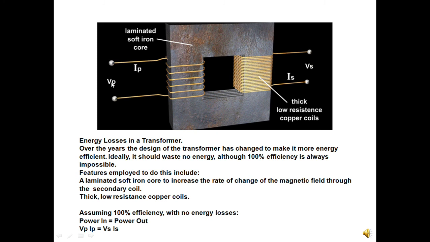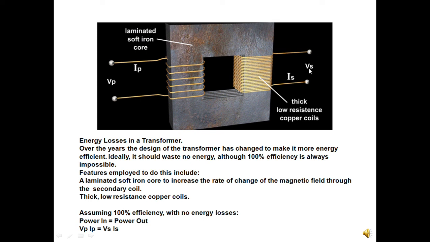However, the power is the PD times the current. So if I double the PD from here to here, so if Vs is twice as big as Vp, then Is must be half as big, so that V times I here equals V times I here.